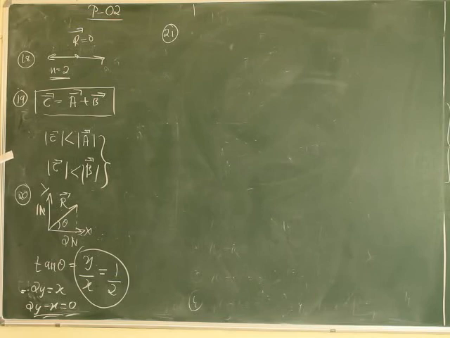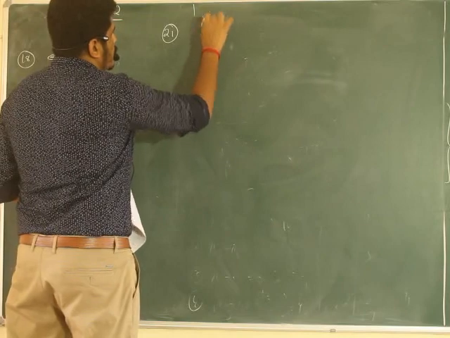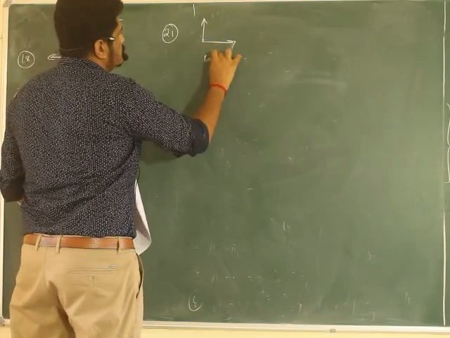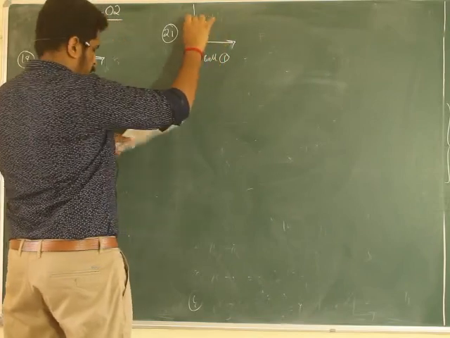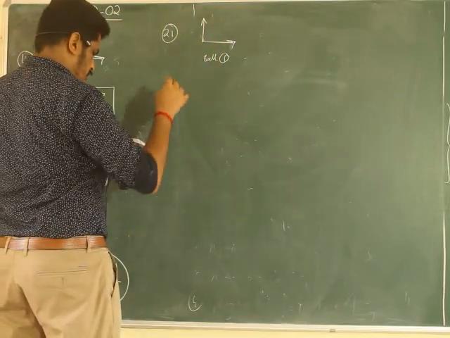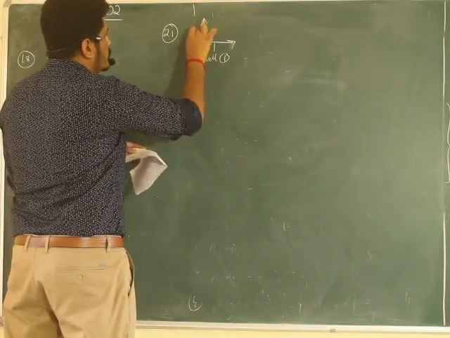Now what we're going to do is, there are two balls starting from the same point. Their components are given in x and y direction. First ball, I will draw its components. Ball 1. The magnitudes mentioned are 1 meter per second and √3.